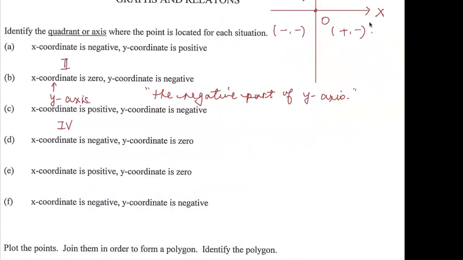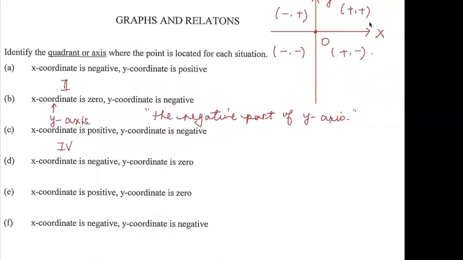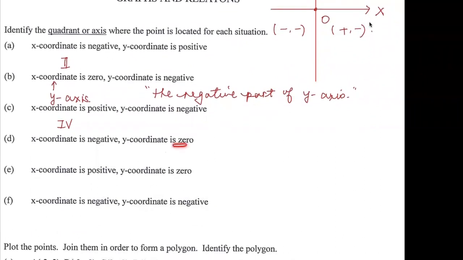Okay. Part D, x coordinate is negative, y coordinate is 0. So now we're looking at 0 y coordinates. When we have 0 y coordinates, that means we're looking at the x-axis, because only on the x-axis do all the points have 0 y coordinates.